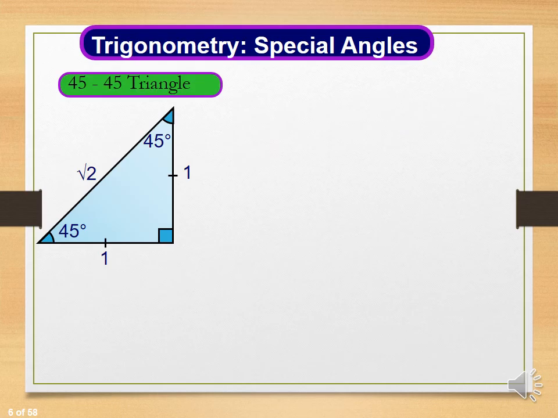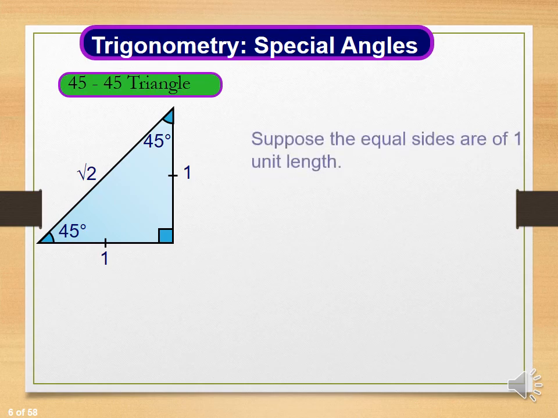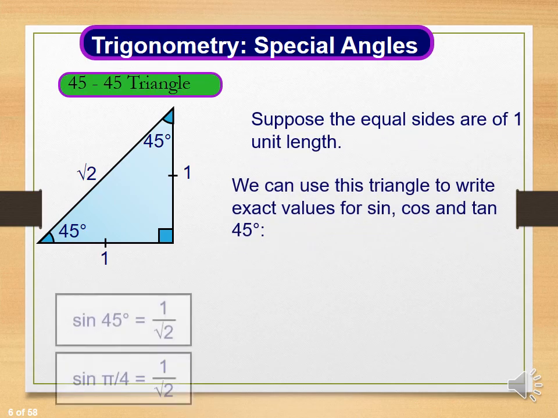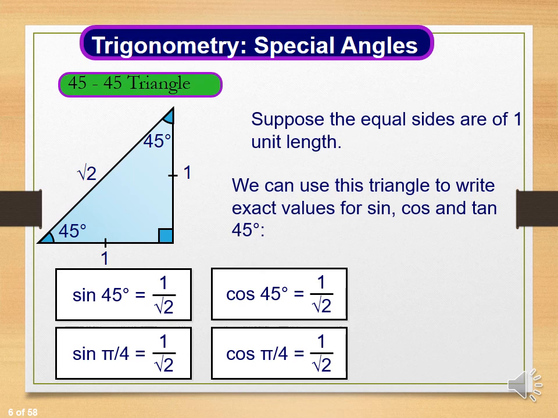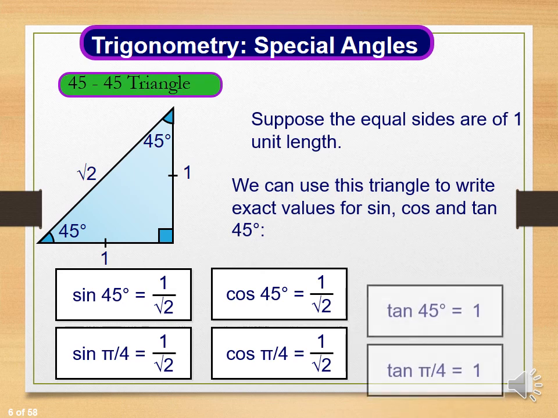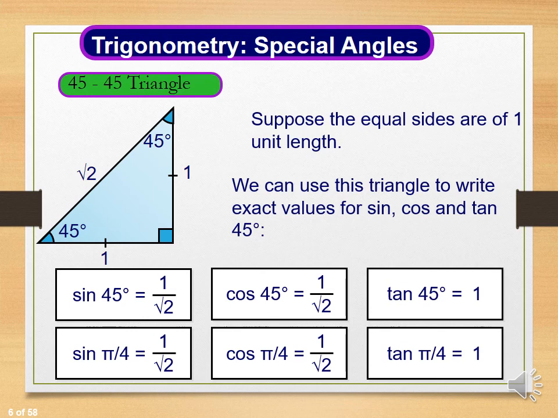For a 45-45 degree triangle, sine 45 will be 1 over √2, while cos 45 is also 1 over √2, and tan 45 is 1.